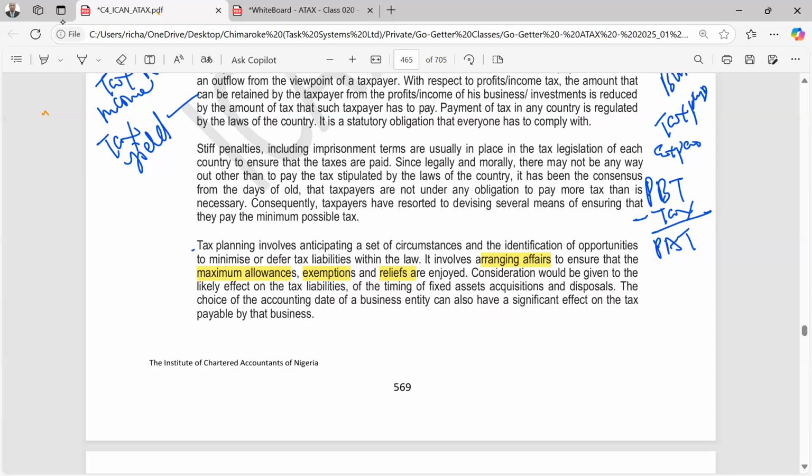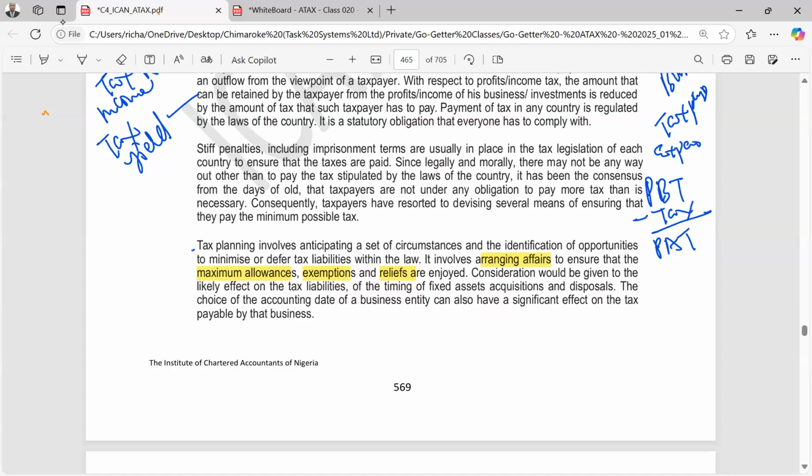If your business has 31st December as its accounting year, if you are to buy your asset in November, maybe 31st, and you start using it on December 1, normally you will claim initial allowance, right? Full amount. How much annual allowance will you claim for that year? You may only claim 1/12 of that allowance.